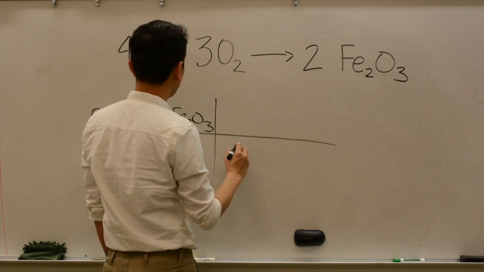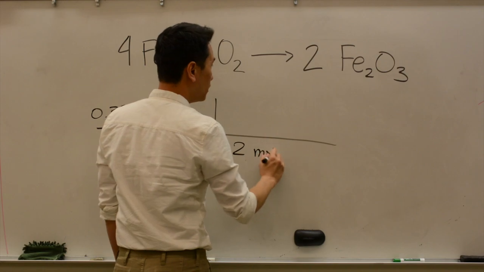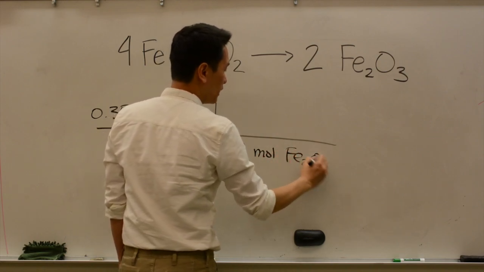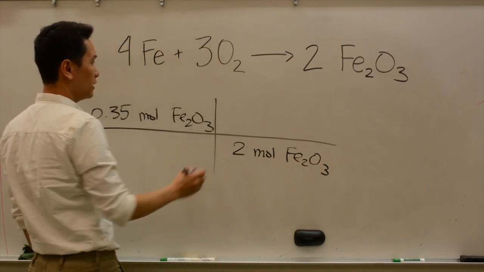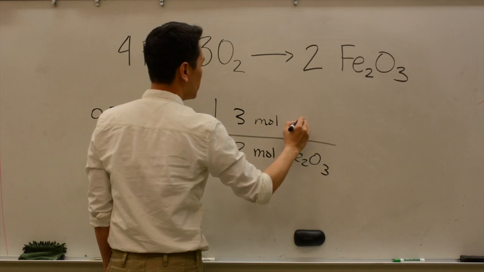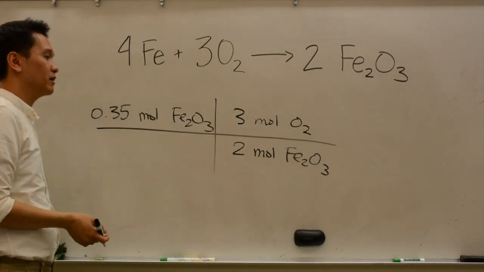The ratio would be for every 2 moles of iron oxide, you're going to get 3 moles of oxygen. Remember, we're using moles here, not just the individual count.